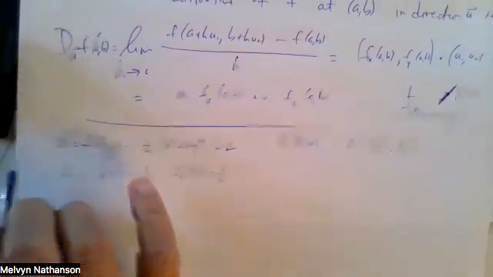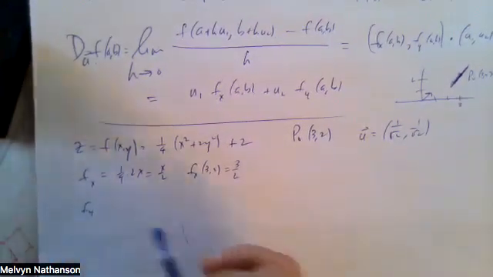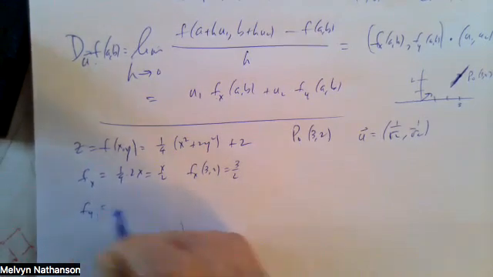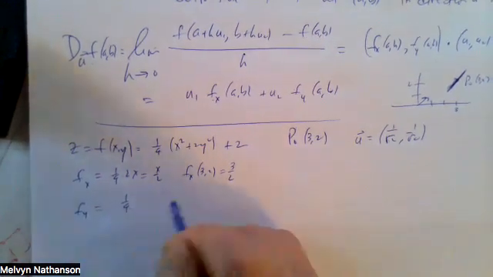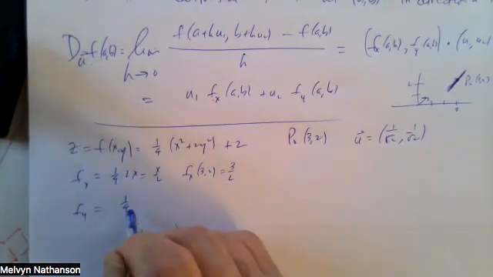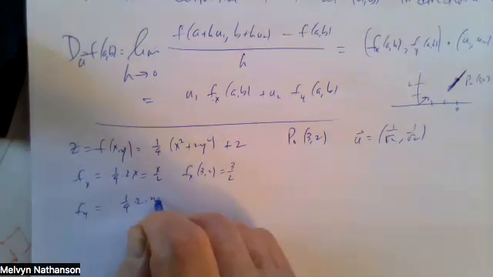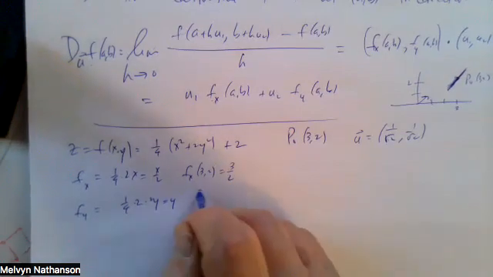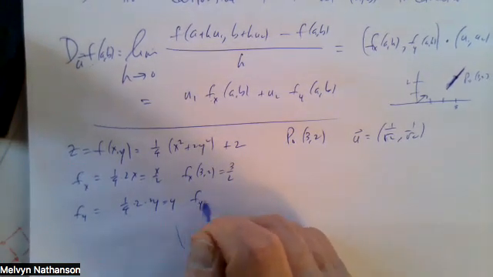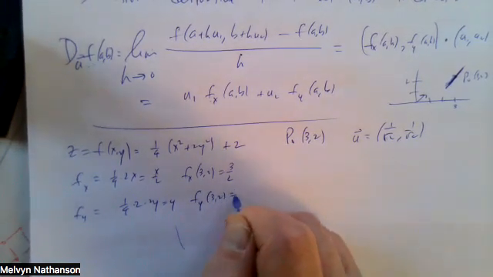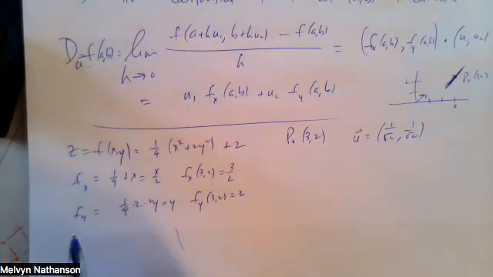For this function, the partial of f with respect to y is the derivative of 2y squared, which is 2 times 2y, and with the 1/4 it's just y. So the partial of f with respect to y at the point (3, 2) is equal to 2.